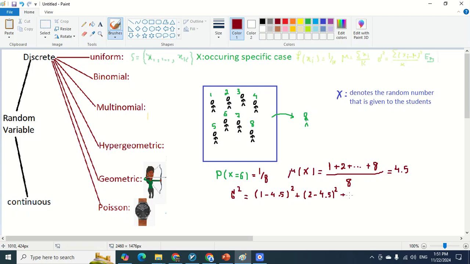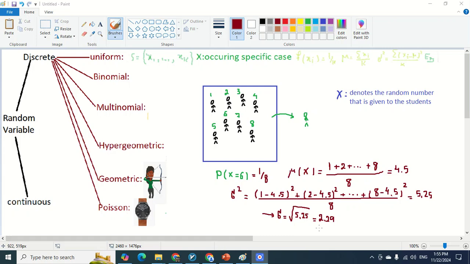The last one over there will be 8 minus 4.5, totally squared, and divide this expression by the number 8. So this will be the variance of this random variable indeed.